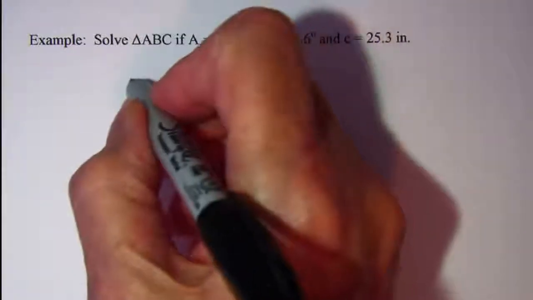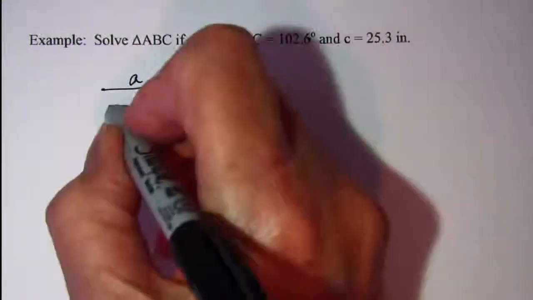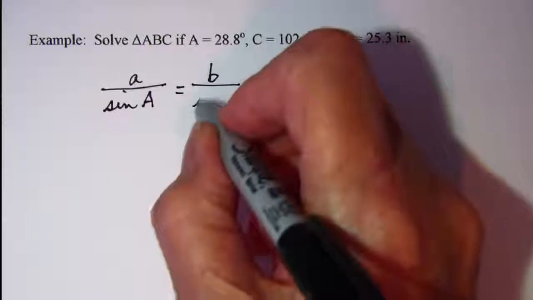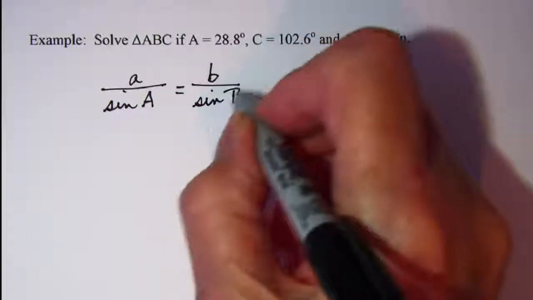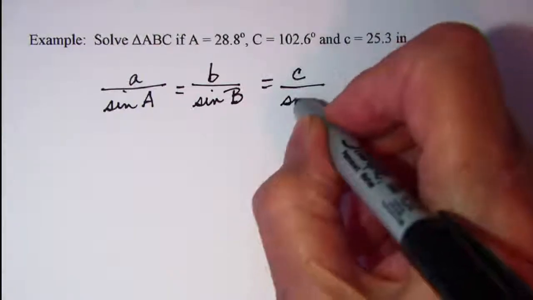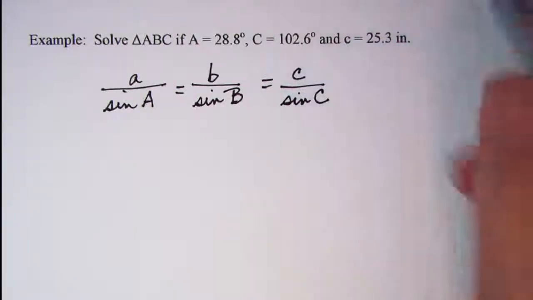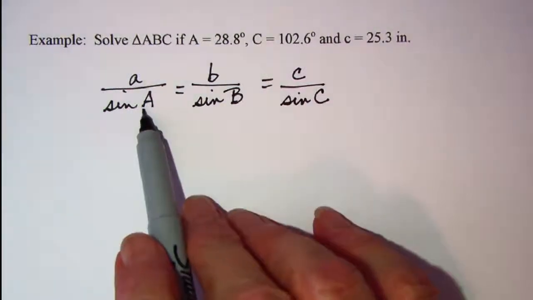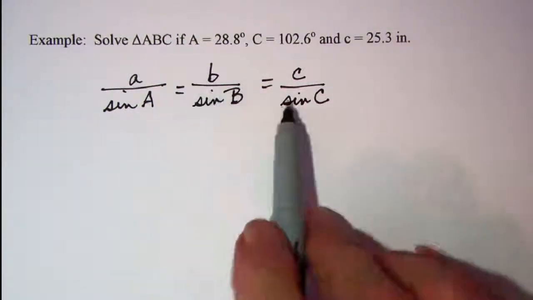So again, our law of sines says that a is to the sine of angle A, as b is to the sine of angle B, and c is to the sine of angle C. And remember that side a here is opposite angle A, and so forth.